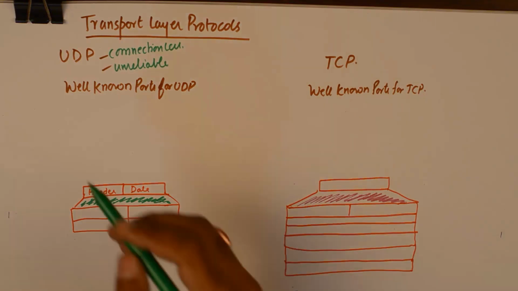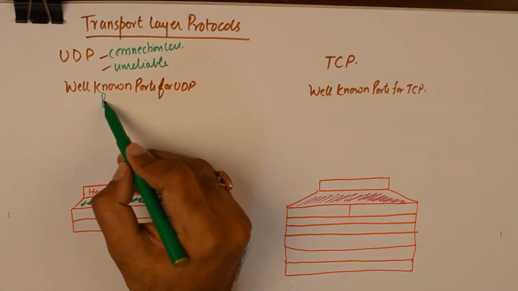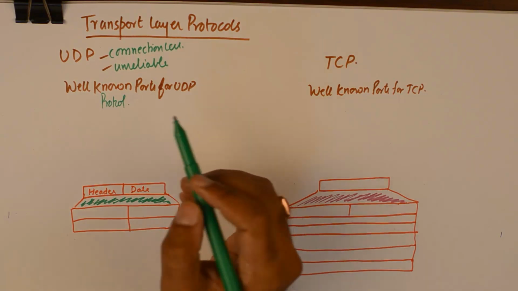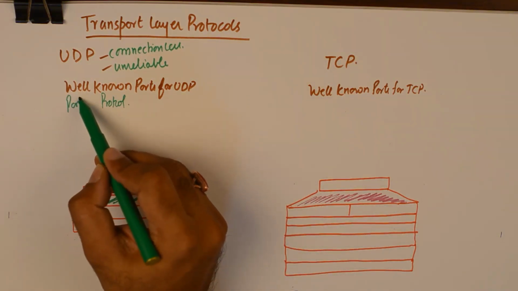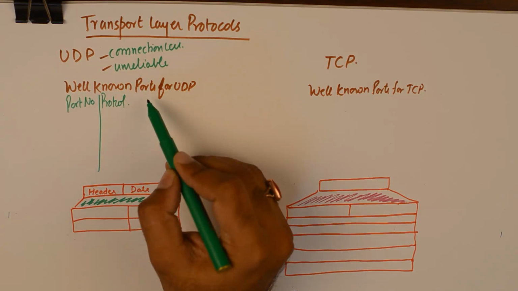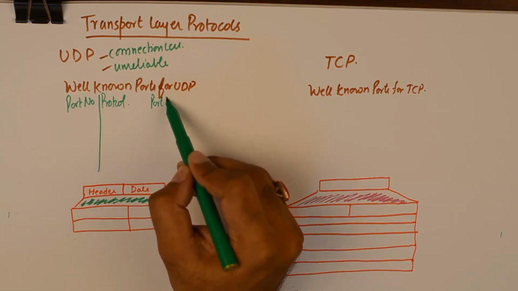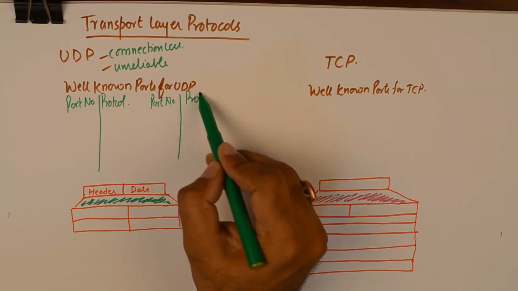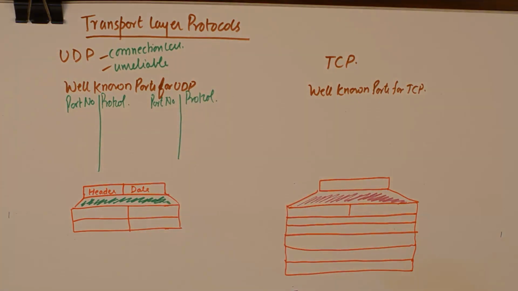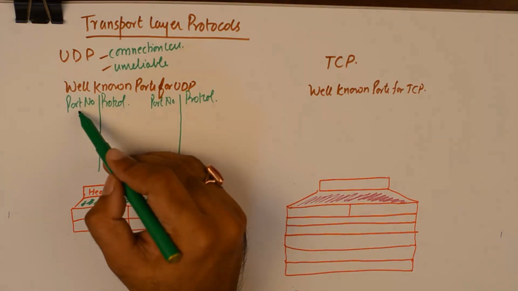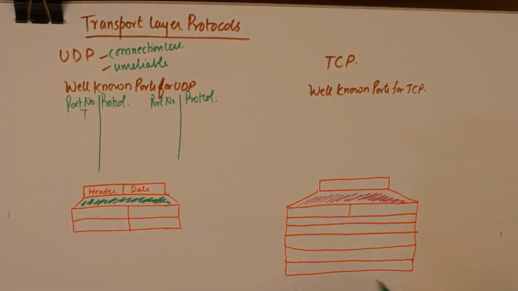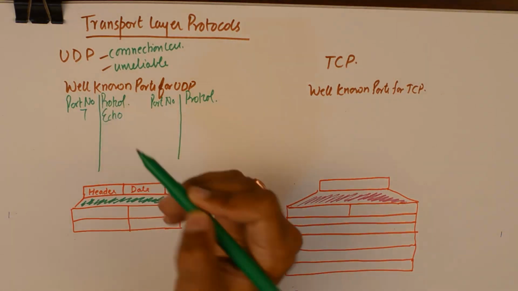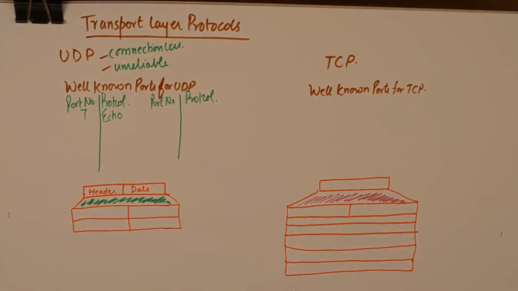So I'll talk about the protocol and its port number, and I'll verbally talk about the description of the protocol, and you might just want to note this down because it's pretty important. Port number 7 is a UDP based protocol known as echo, and it echoes a received datagram back to the sender.